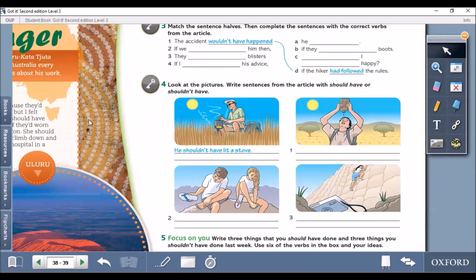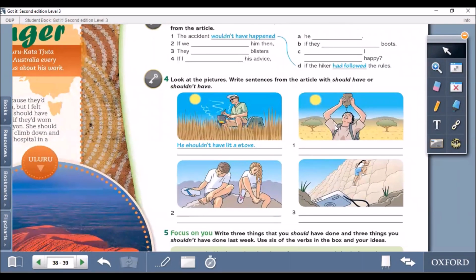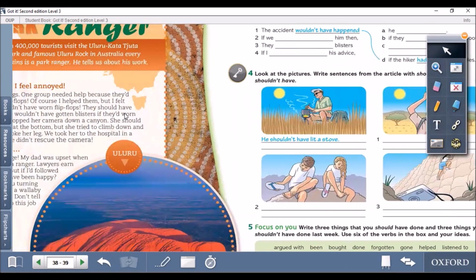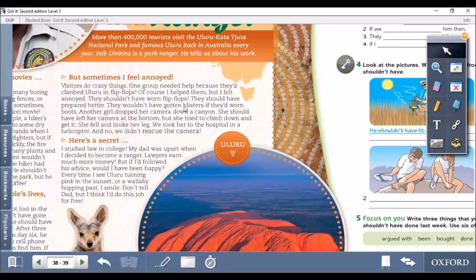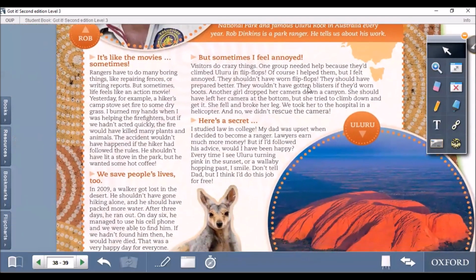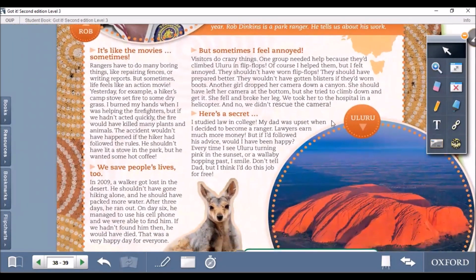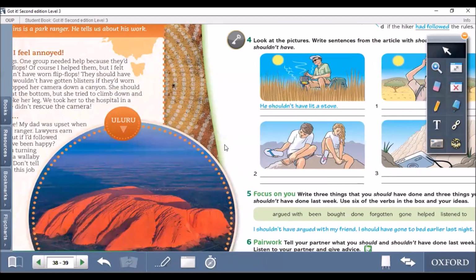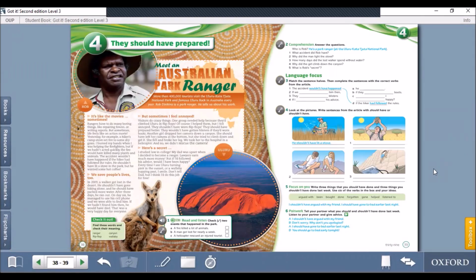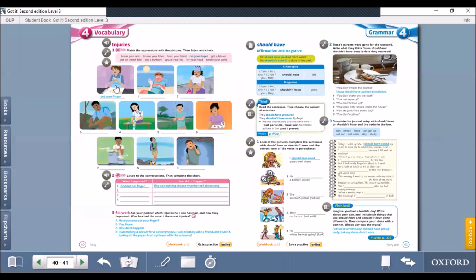So you have to look at the pictures and read the text again and find should have sentences, okay, for each of these pictures. When you are done with activity number 4, please go to page 40, okay?